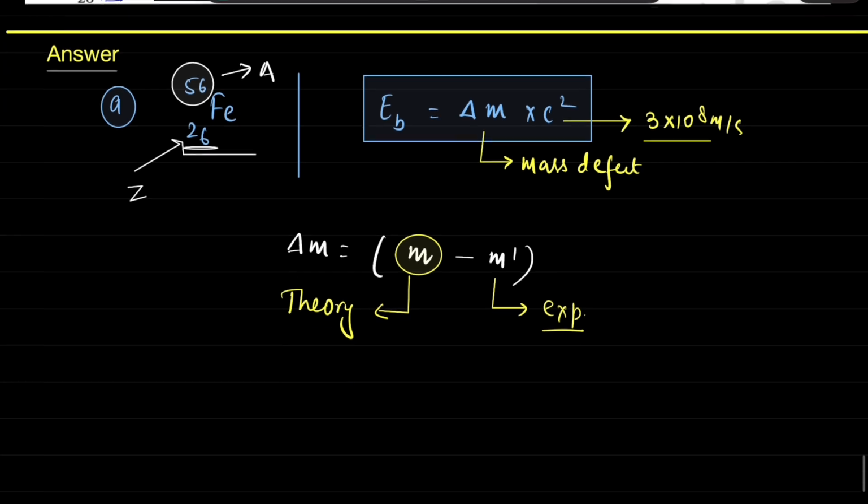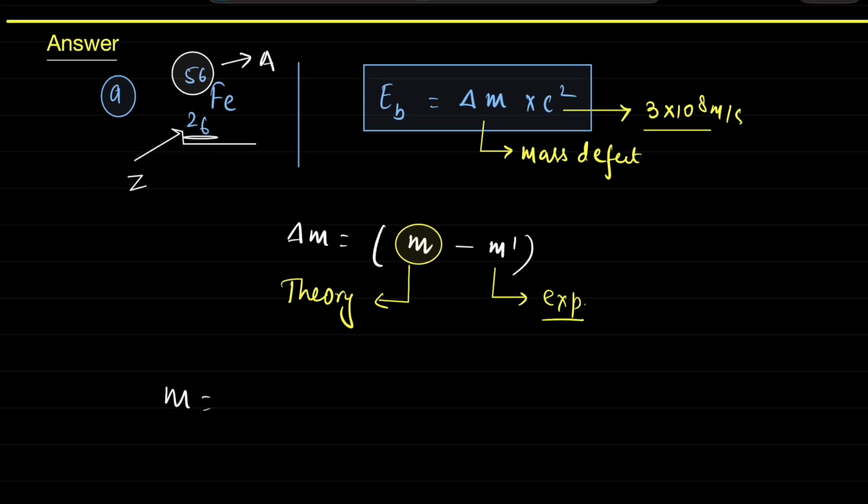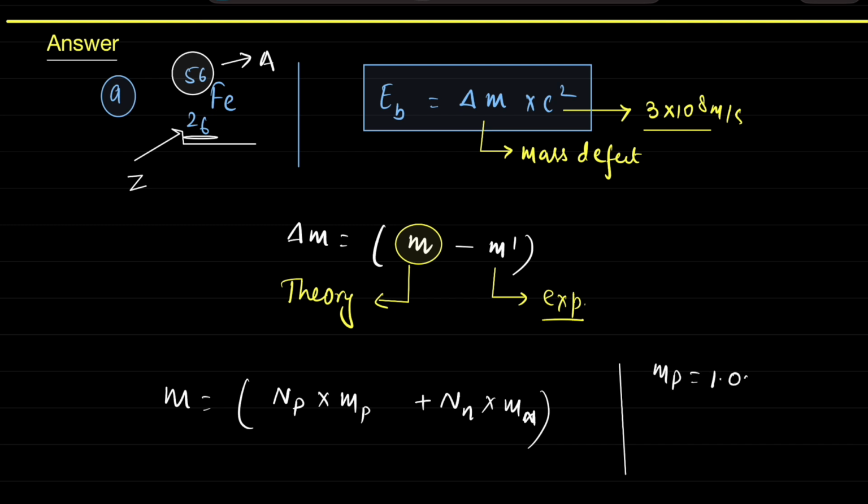The theoretical value is equal to number of protons into mass of one proton plus number of neutrons into mass of one neutron. The mass of proton is 1.007825 U and the mass of neutron is 1.008665 U. Generally it is given in the question, or better if you keep it in mind.